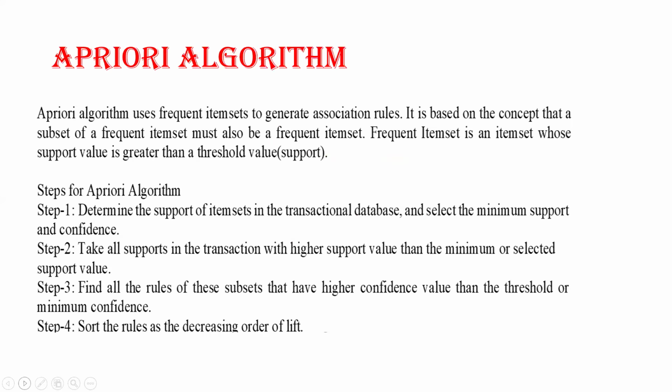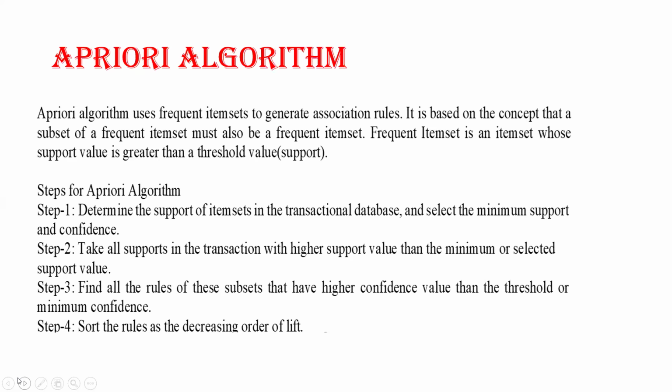It is based on the concept of subsets of the frequent set, and we will always find the rule by calculating a support value. So there will be 4 steps in the Apriori algorithm. First step, determine the support of the items in the transaction database and select the minimum support and confidence.